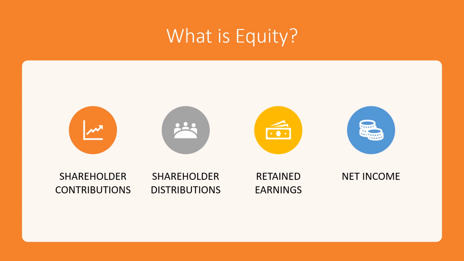You will have shareholder distributions. This is any money that has been returned to the shareholder or that the shareholder has taken out. Retained earnings is any money that has been earned in prior years that was not taken out by a shareholder. And then net income is the income that we're showing for the current year.